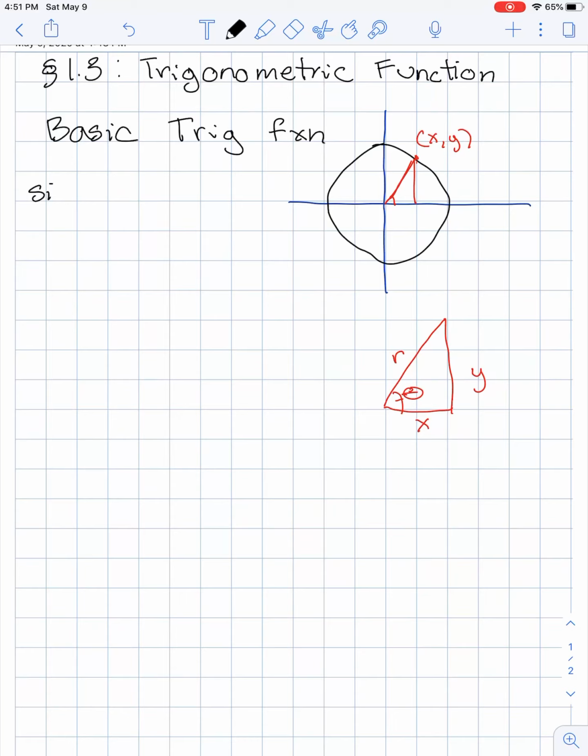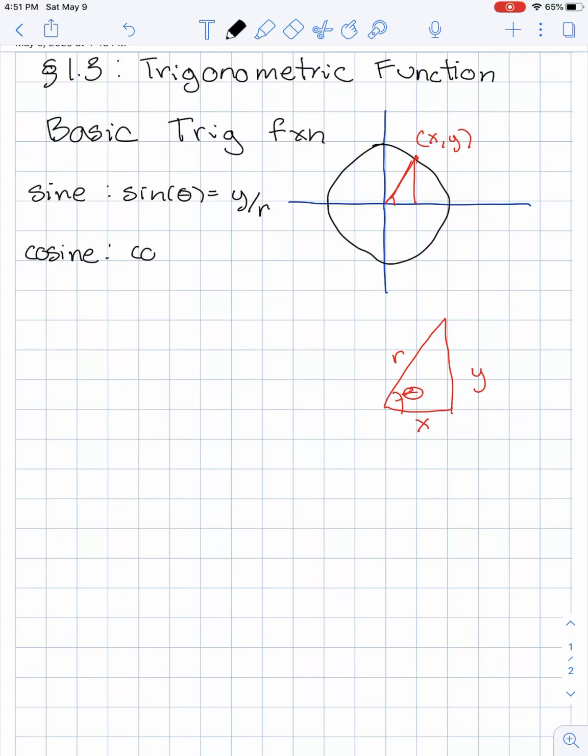So we have sine, and we write sine of theta. Remember, it's a function, so of theta. If you remember SOHCAHTOA, it's opposite over hypotenuse. So it's y divided by r.